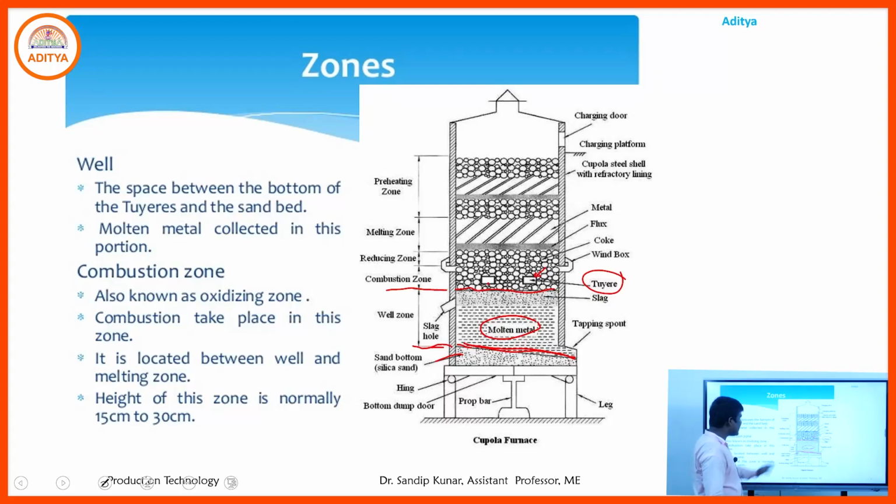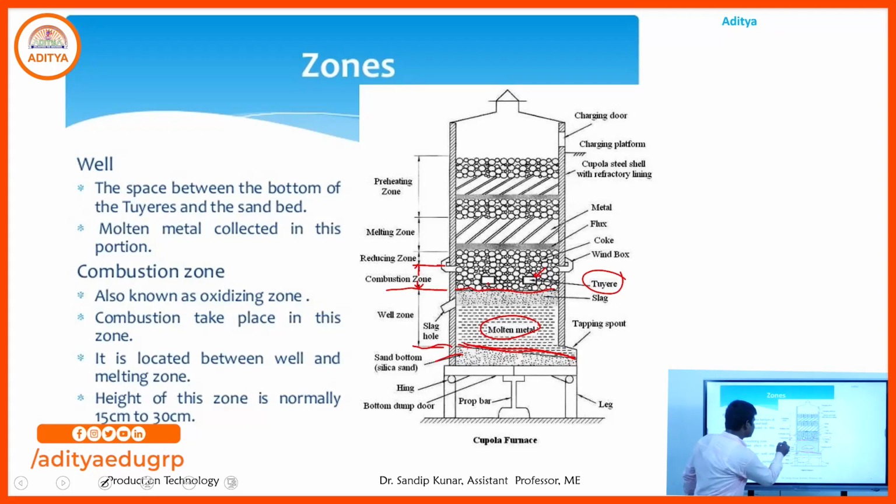Another is the combustion zone, also known as the oxidizing zone. Here combustion takes place, burning of the coke, and it is located between the well zone and the melting zone.